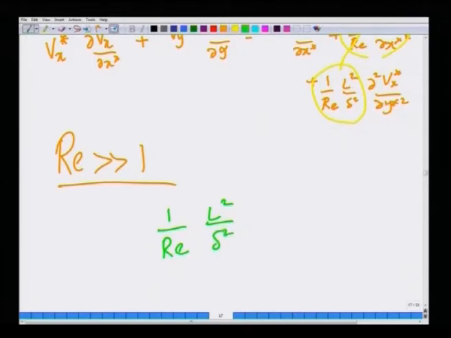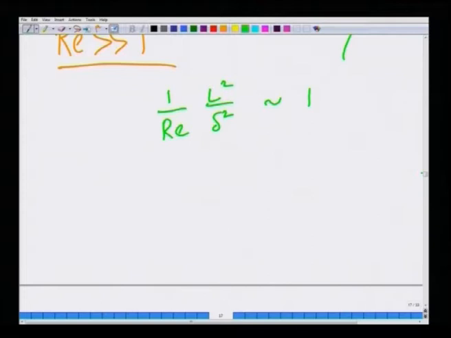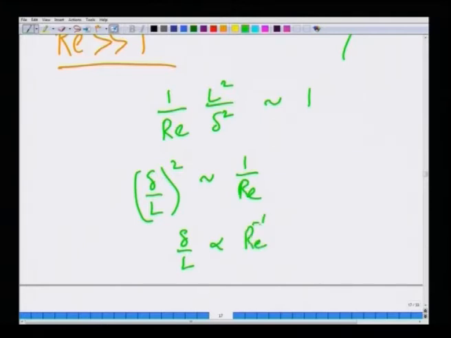Now, in order to satisfy the no slip condition, we need to incorporate this term, otherwise if this term becomes small, we will not be able to satisfy the no slip condition. Therefore, we demand that this should be similar to 1, otherwise this term will become smaller. So, this gives rise to the result that delta by L whole squared should be proportional to 1 over Re, or delta by L should be proportional to Re to the power minus half.